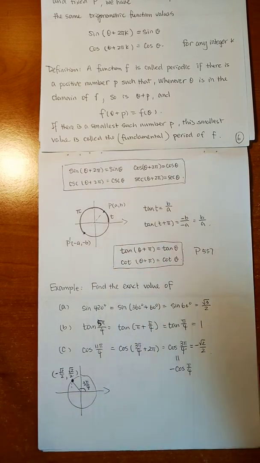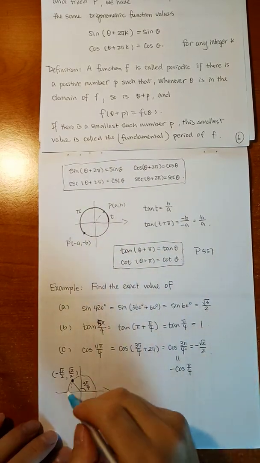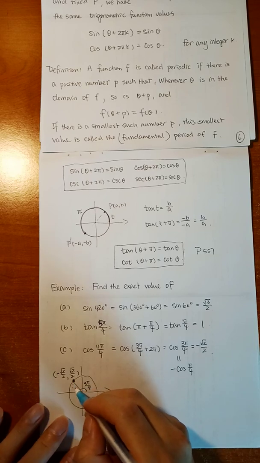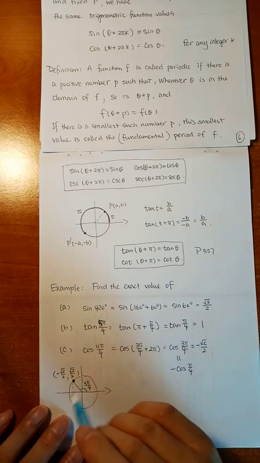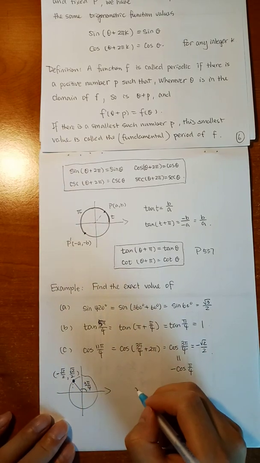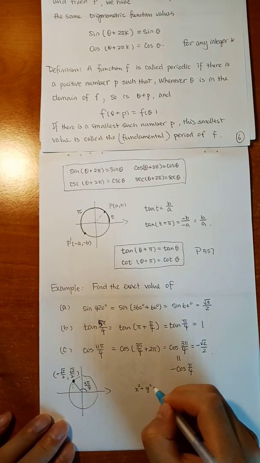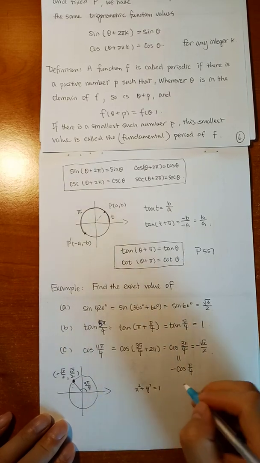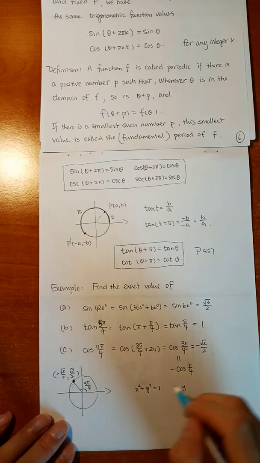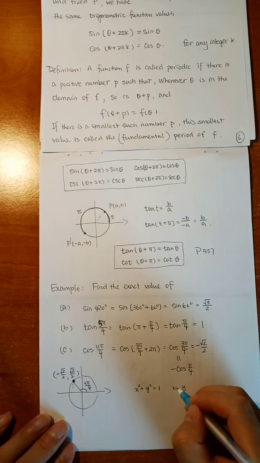That's the reference angle approach. If you want to use the circle approach, remember that I said this is a diagonal of the second quadrant. So the x and y coordinates have the same absolute value. X is negative, y is positive. So x is equal to negative y.